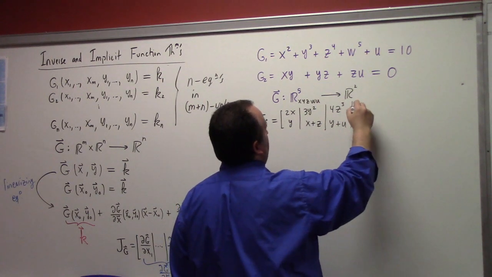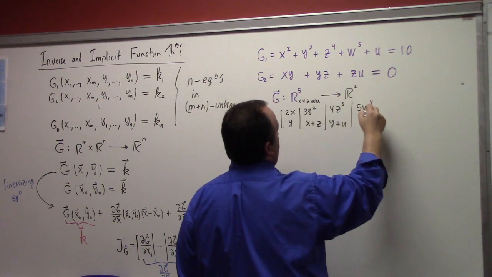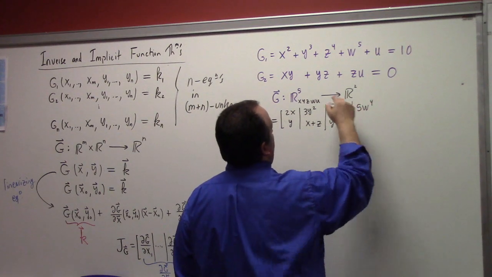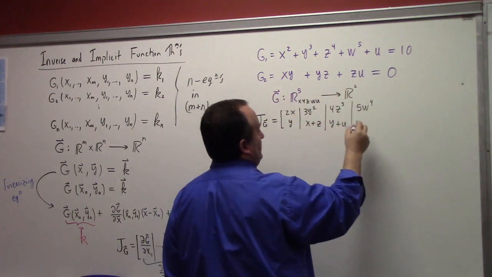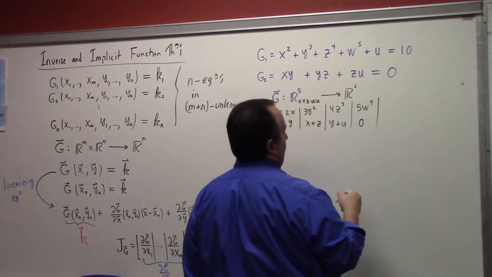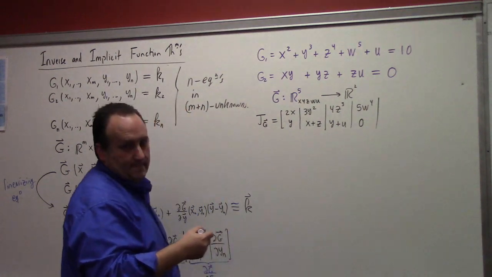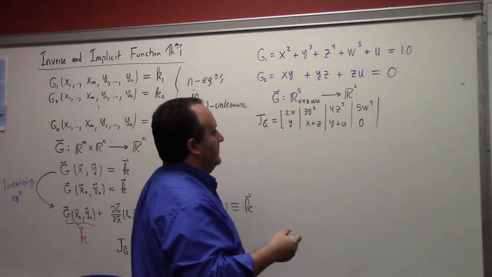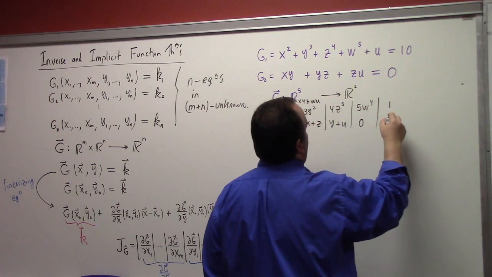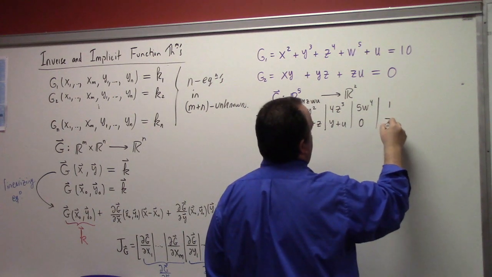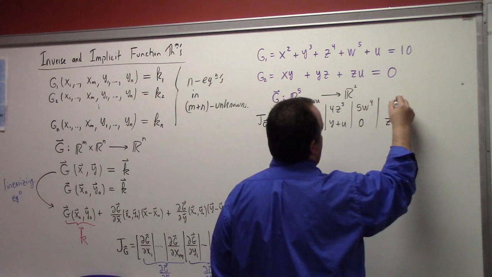With respect to w, you got your 5w to the fourth. Oh, there is no w in this equation, is there? Interesting. 0. And finally, partial with respect to u, you got a 1 here, and you got a z down there.